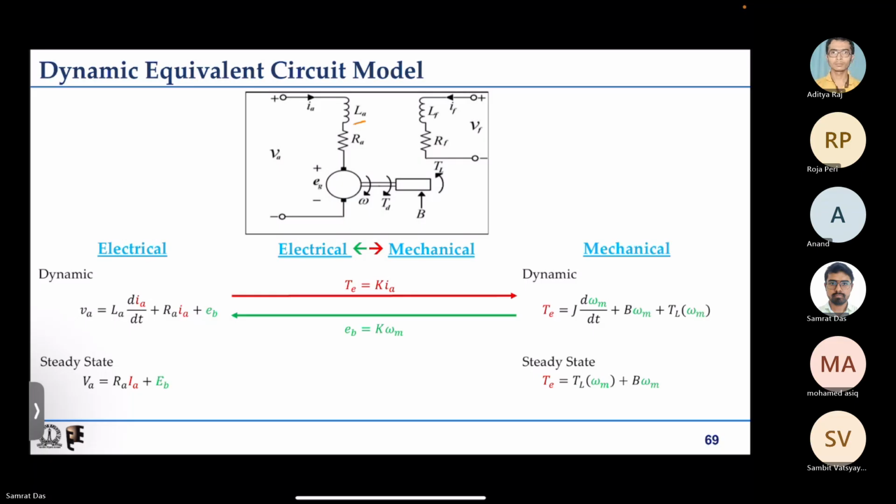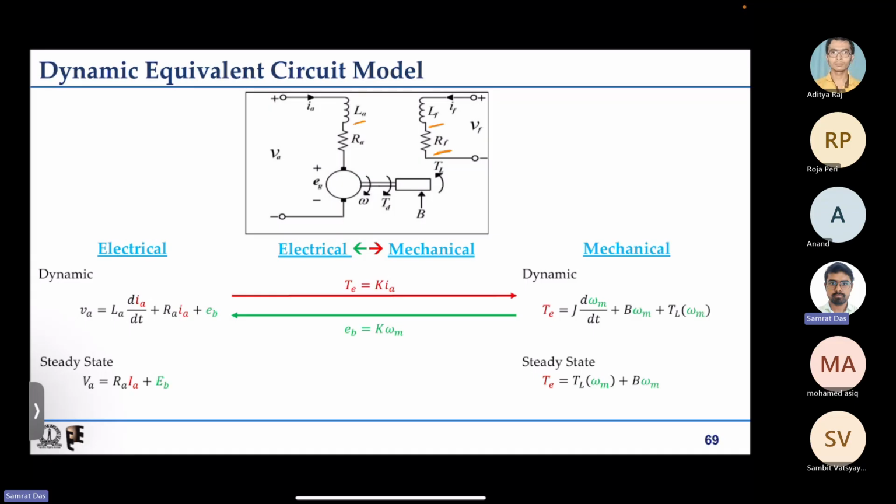We'll understand that, and the field winding inductance also. So we have introduced all the electrical dynamic elements of the system.